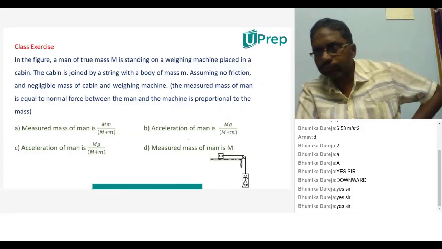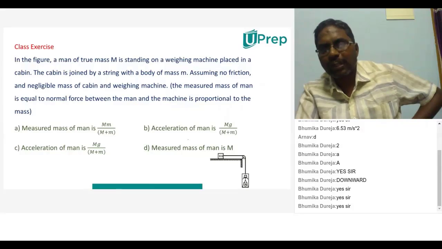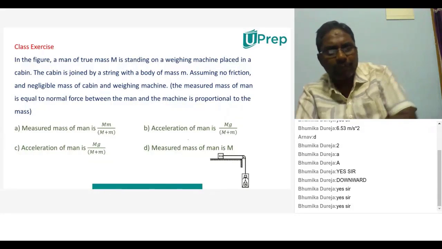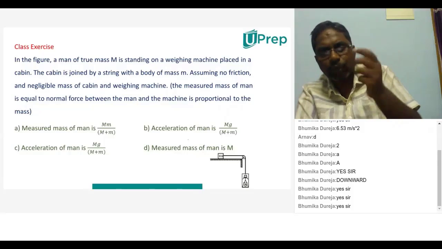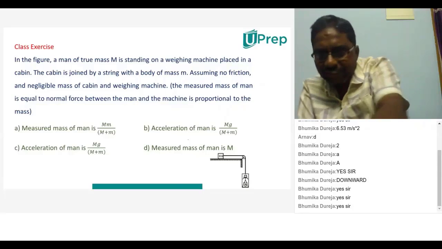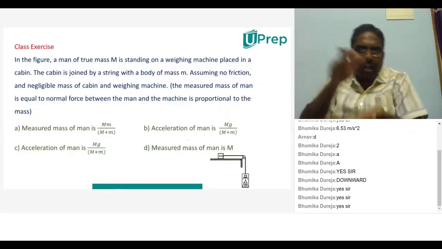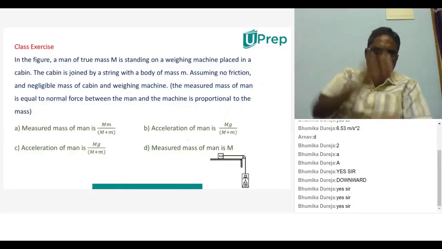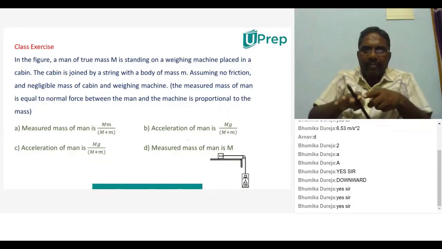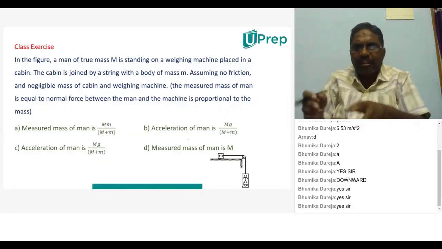So what do we have to calculate here? The acceleration of the system. Observe carefully in the figure: a man of true mass capital M is standing on a weighing machine inside a cabin. The mass of the cabin and the weighing machine is negligible.